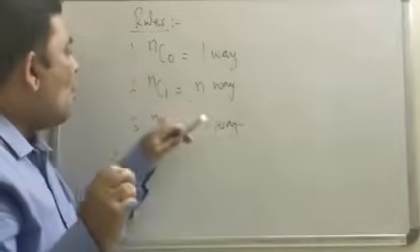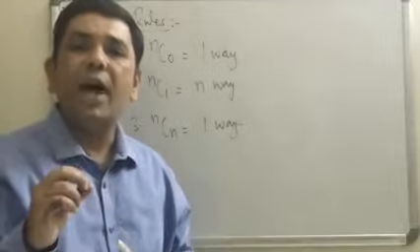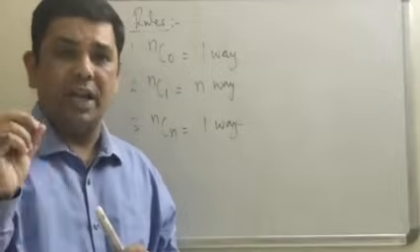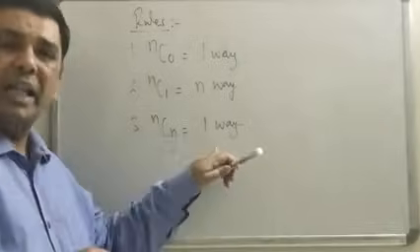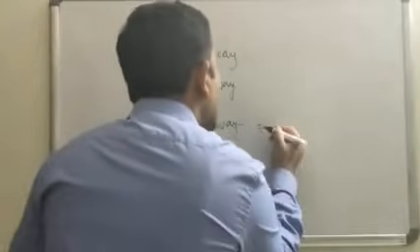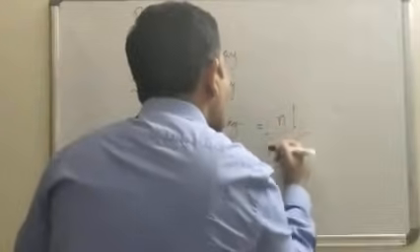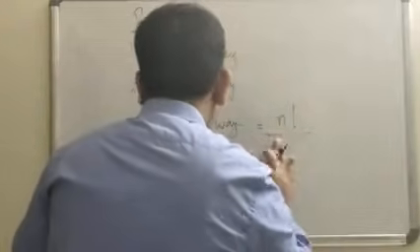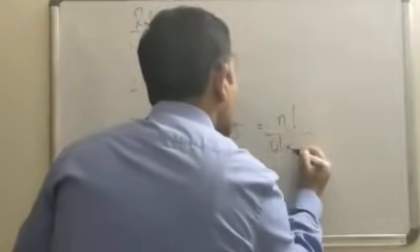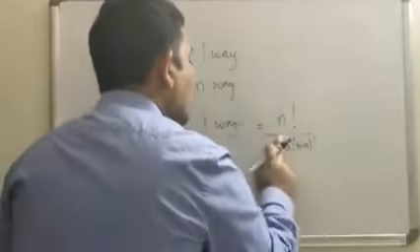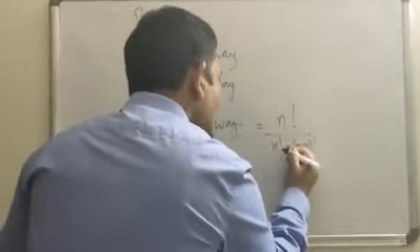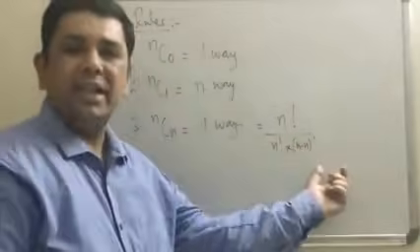Students, let me tell you, all these can be verified using the formula also in case you want. Say for example, if you want to verify how nCn can be 1, so what is nCn? It is n factorial upon 0 factorial into n minus n factorial. So n factorial upon n factorial into n minus n factorial.